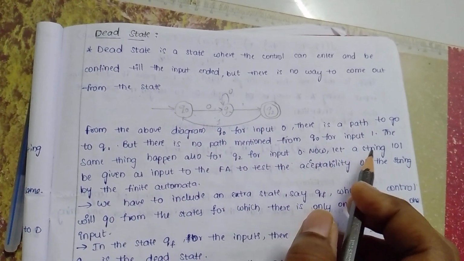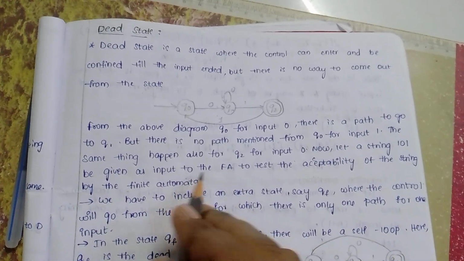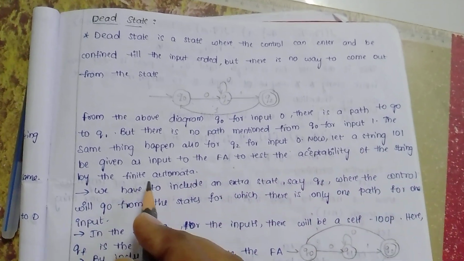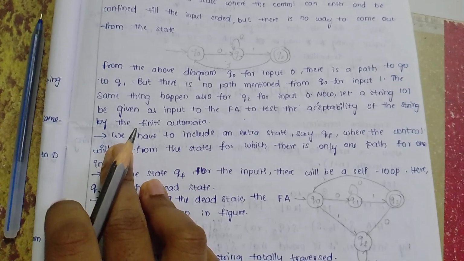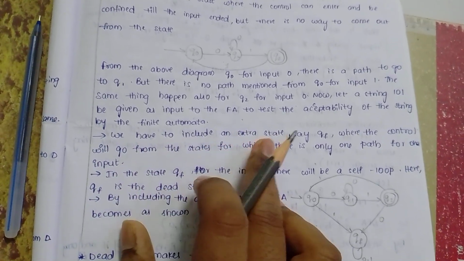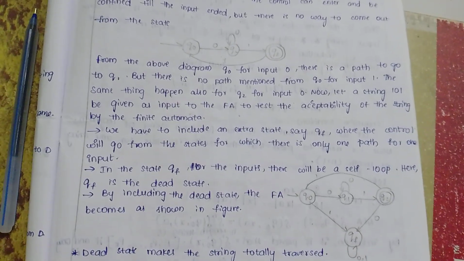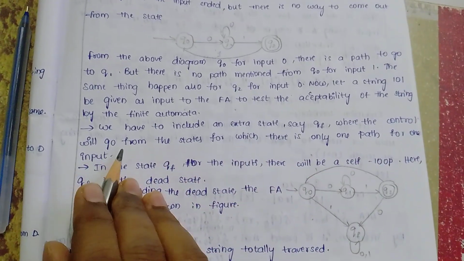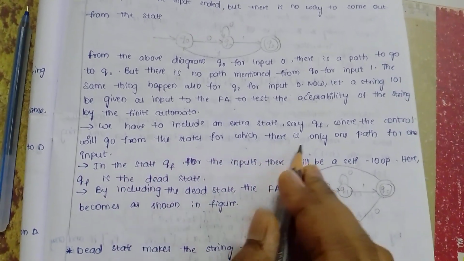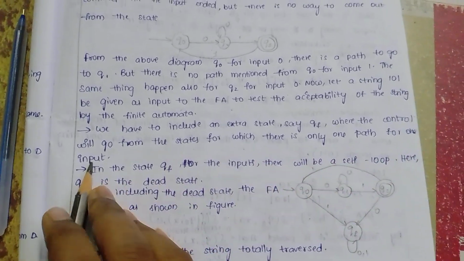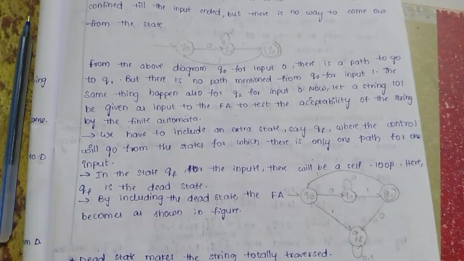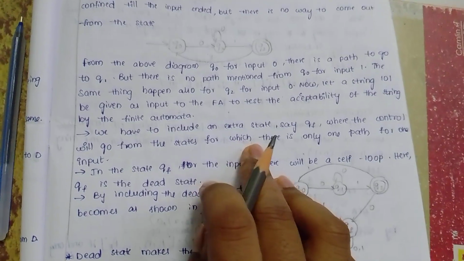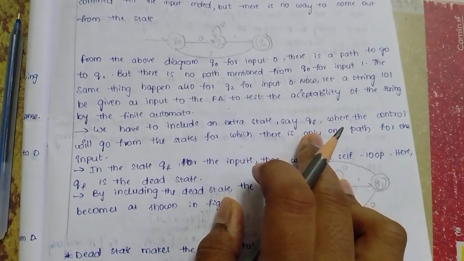Now let a string 101 be given as input to the finite automaton to test the acceptability of the string. So here we have to include an extra state, say QF, where the control will go from the states for which there is no path for an input.